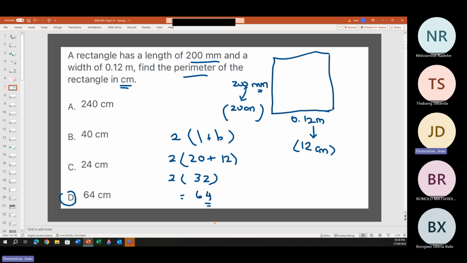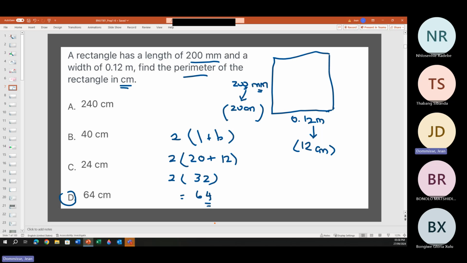Whenever you get two different measurements in the exam, look at what the answer set is and then change the measurements to the same one.